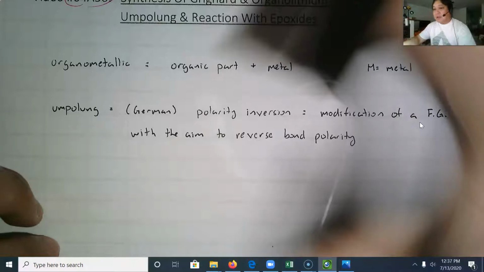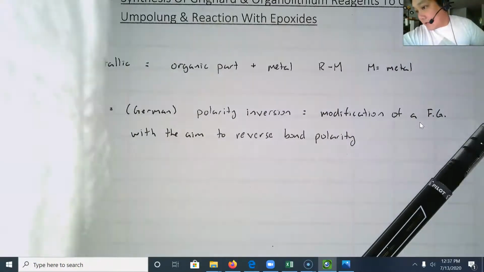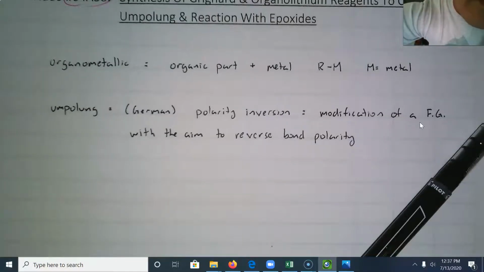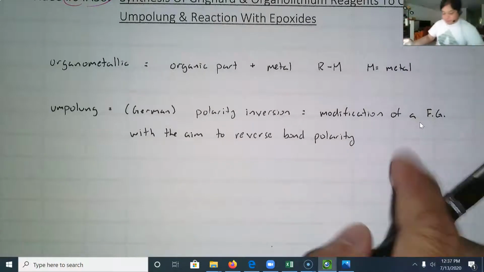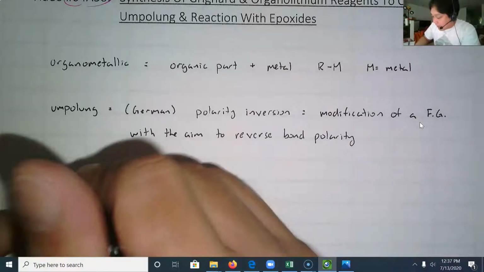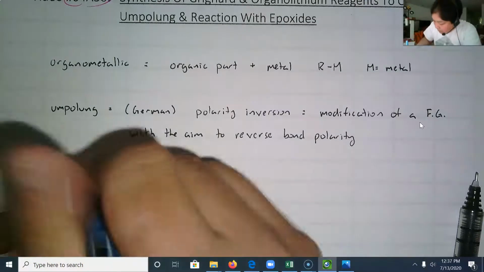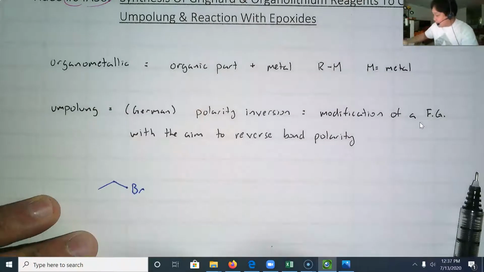So let me, oops, my other laptop is about to die. 1 second. Oh my goodness. Okay, let me give you an example. If we have an alkyl halide, we should be able to draw partial positives and partial negative charges on that molecule.